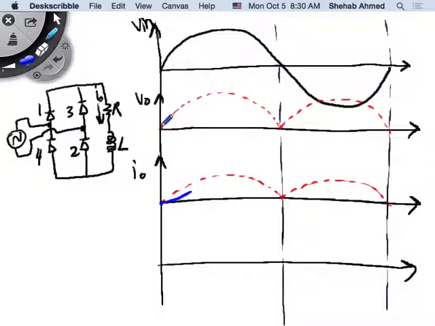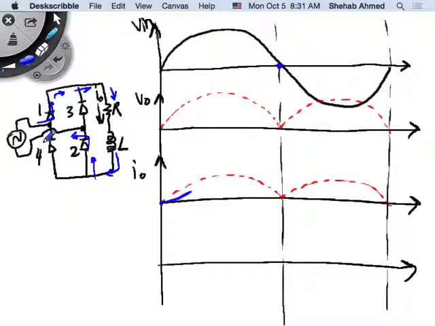So what's happening here? Here diodes 1 and 2 are initially on, right? Current is flowing through diode 1, then through the load, and back through diode 2. As soon as the voltage tries to go negative into the negative half cycle, these two diodes act like that freewheeling diode that I had before.